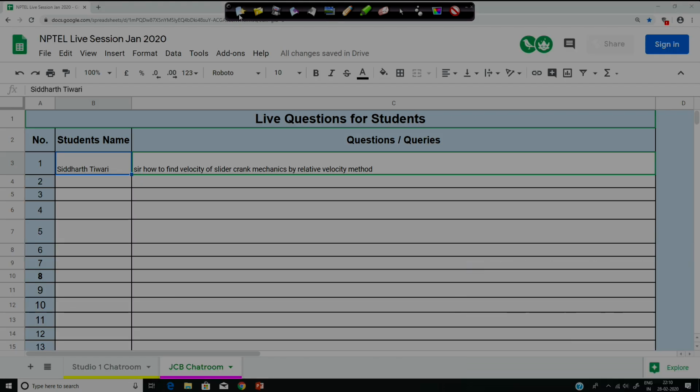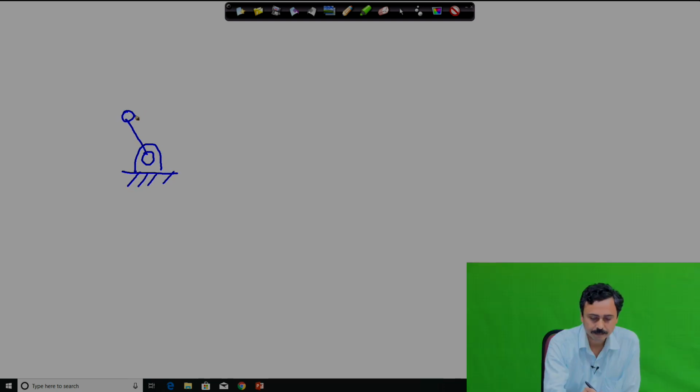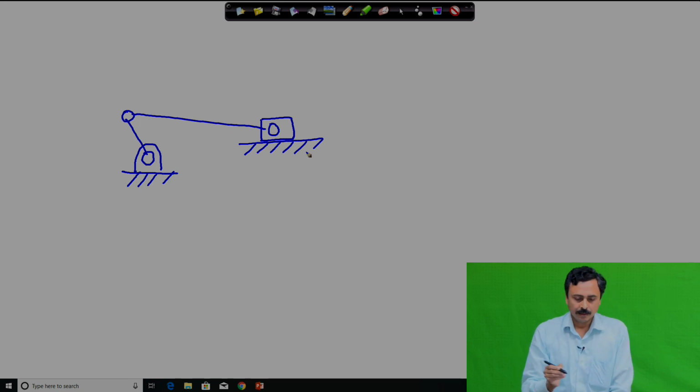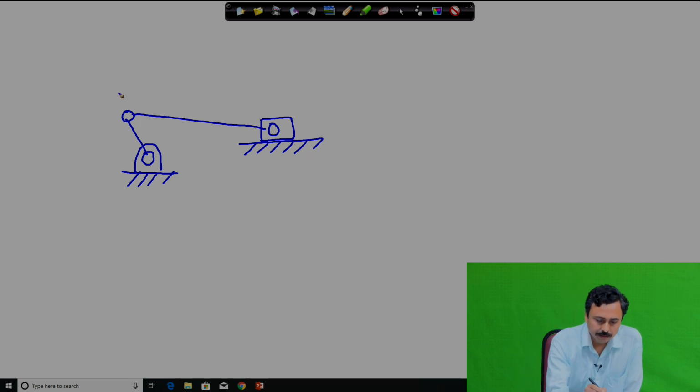So, here, this is a slider crank mechanism.